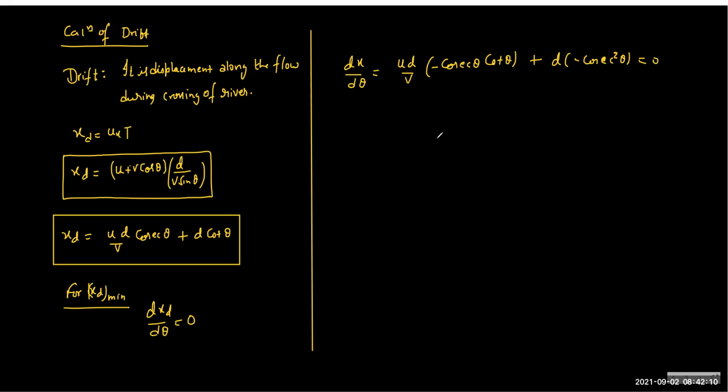If I make this 0, you can take d cos theta common. So what you get is minus u cot theta by v minus cos theta.